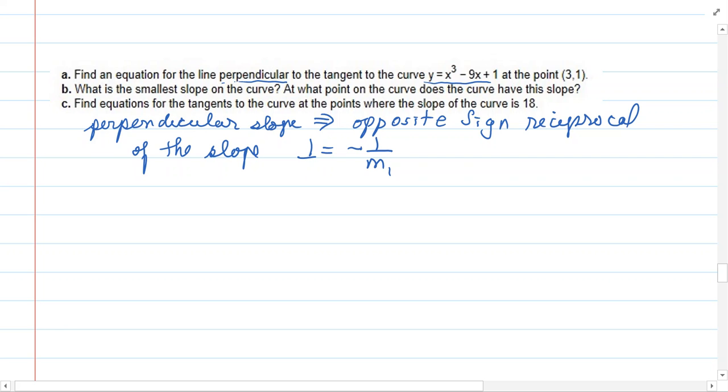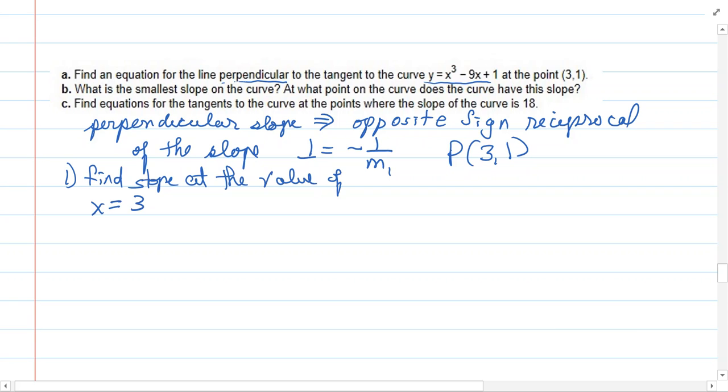All right. And we have a point of 3, 1. And we have to find first the slope at the value of x equals 3.